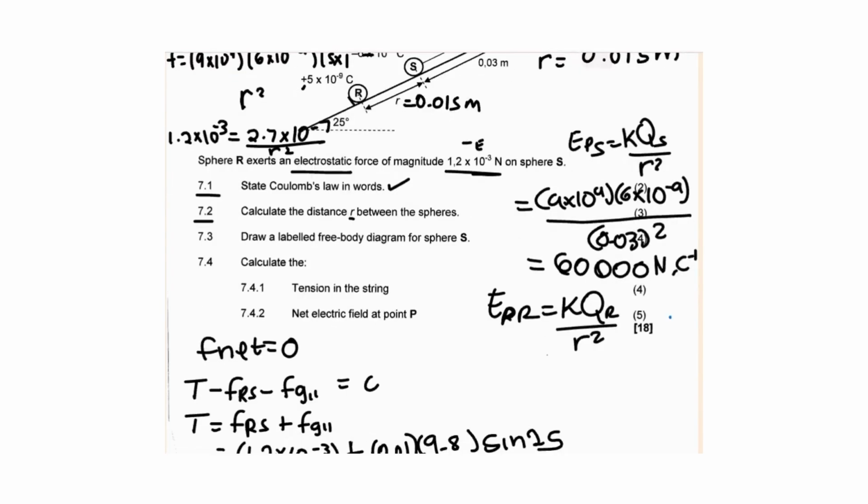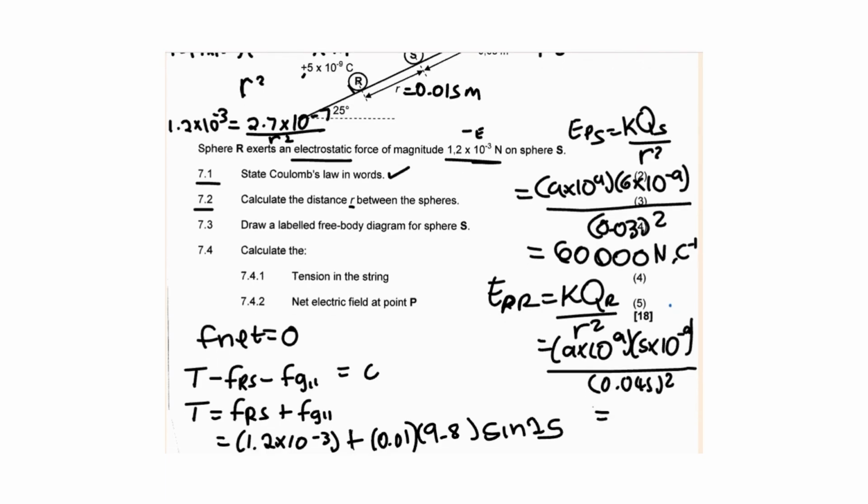And then the electric field that P experiences due to R is going to be k QR over r squared, and then our k is still 9 times 10 to the power of 9. Our QR is 5 times 10 to the power negative 9, and then the distance is 0.03 plus 0.03 plus 0.015, that gives me 0.045 squared.